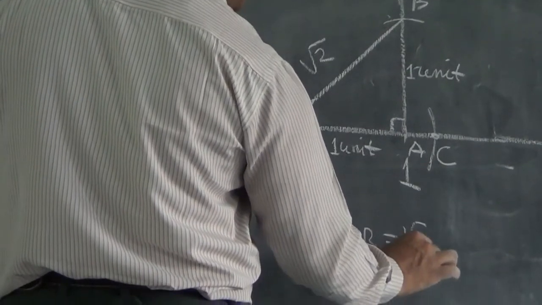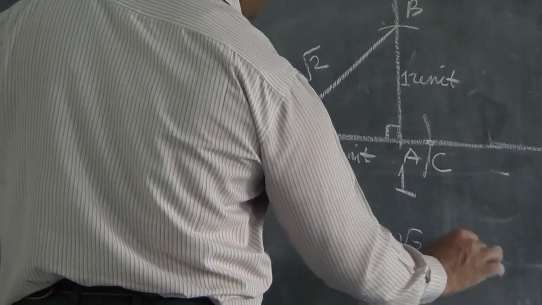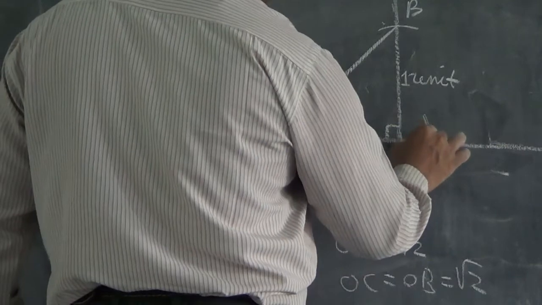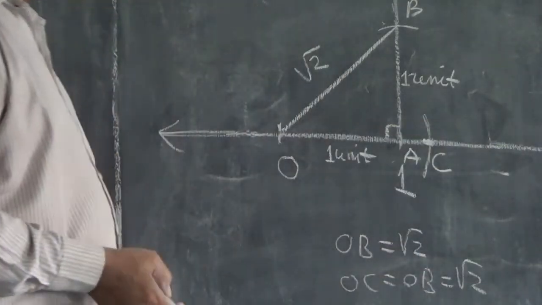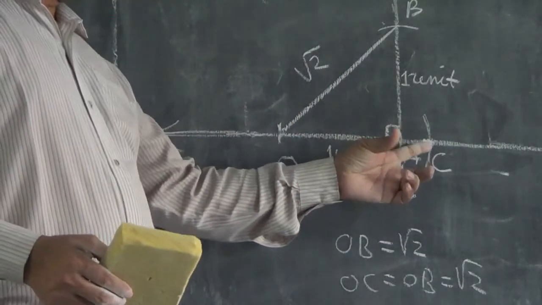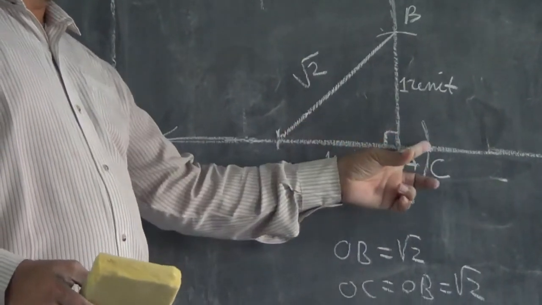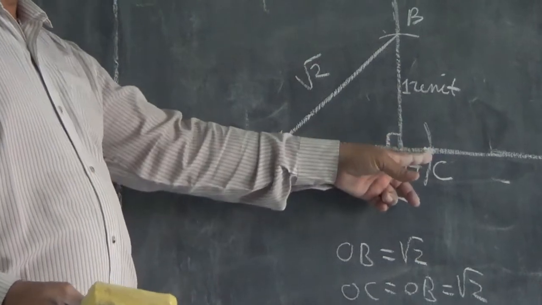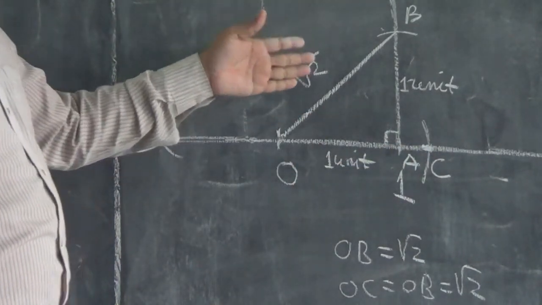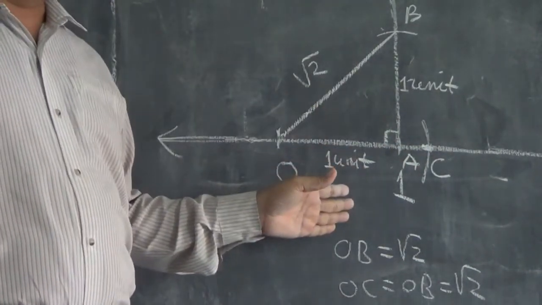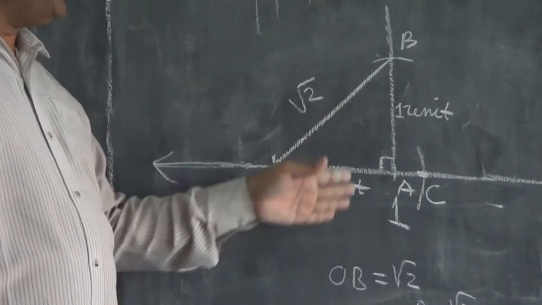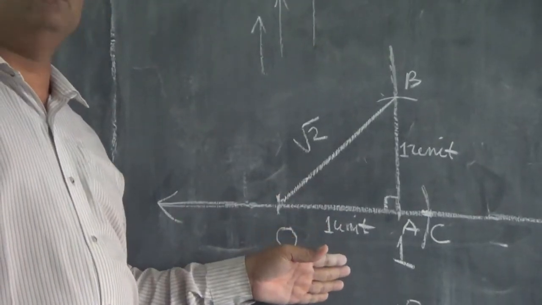So this point C is at a distance of root 2 units from O. So this is root 2 on the number line. So we are able to represent even the irrational numbers on the number line.